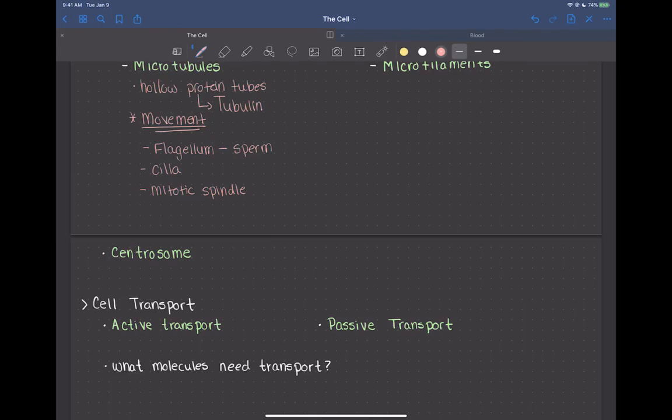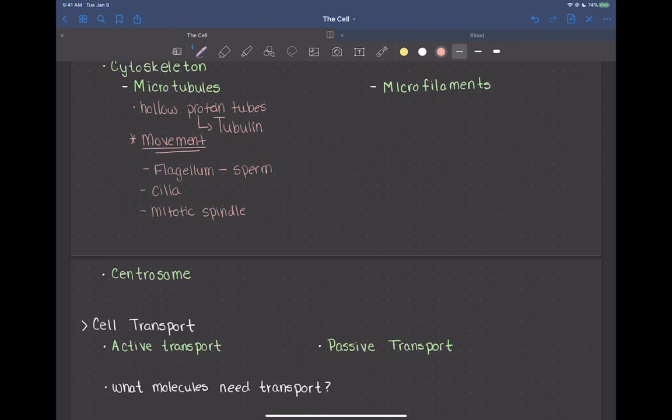Okay, good. So now microfilaments are another type of cytoskeletal element, or kind of little fiber. They're kind of thread shaped, both of these. And microfilaments are made of a protein called actin.